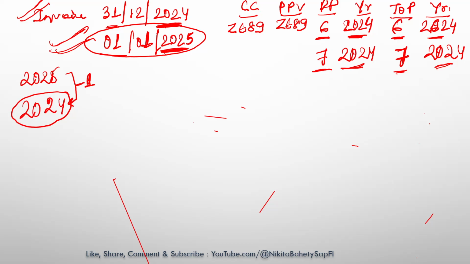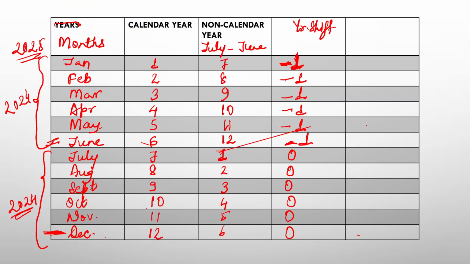Now let's see what the situation will be for plus 1, when the year shift of plus 1 comes into the picture. Say our client wants that, from July, we are in the financial year 2024 to 25, right?